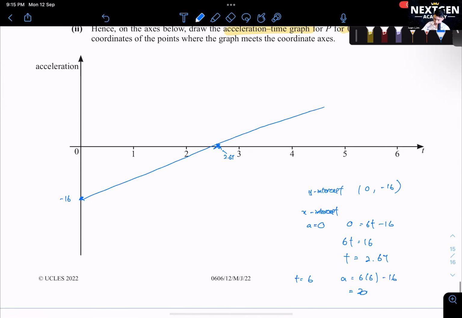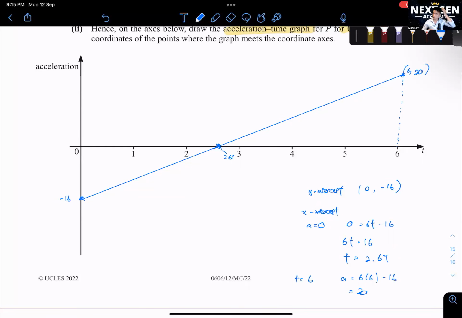Draw a straight line. So until here. If you want to label also can, but not necessary. So this is not a kinematics question again. This is just a straight line, a quadratic, and a cubic equation.